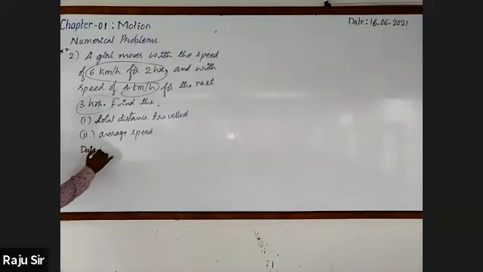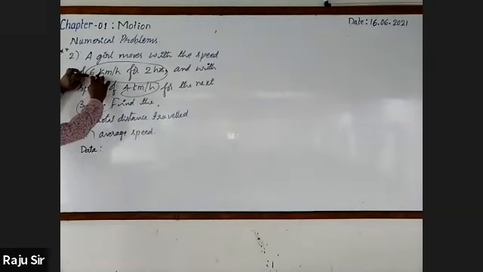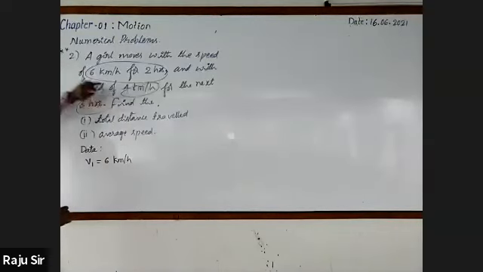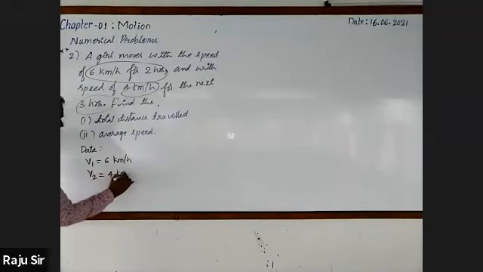Right, data. First case, I take the speed as V1. V1 is equal to 6 km/h. And second case, the speed is V2, it is 4 km/h.